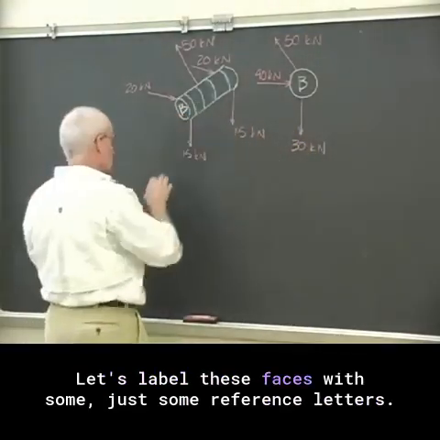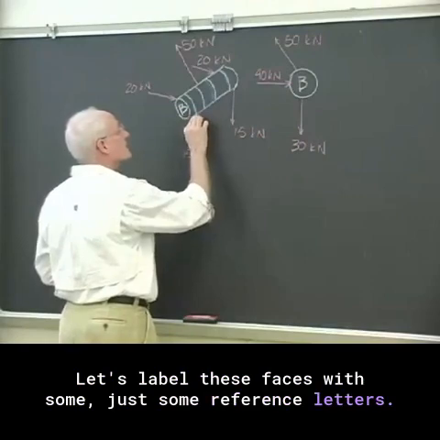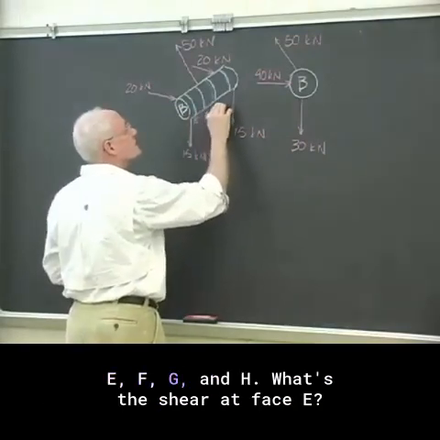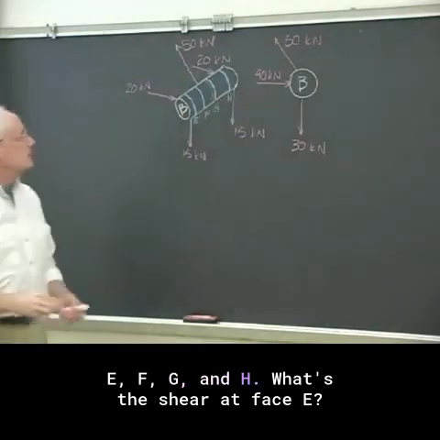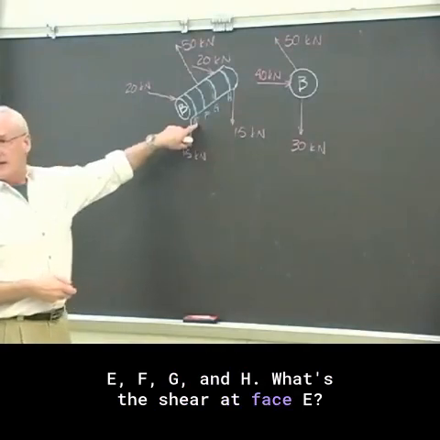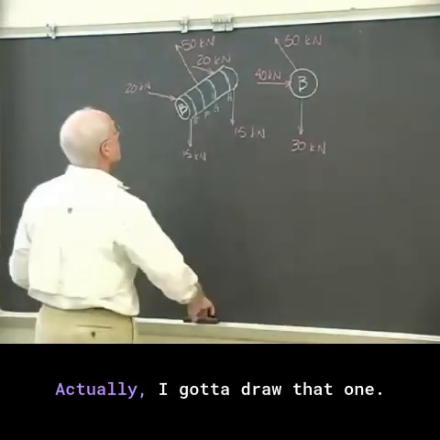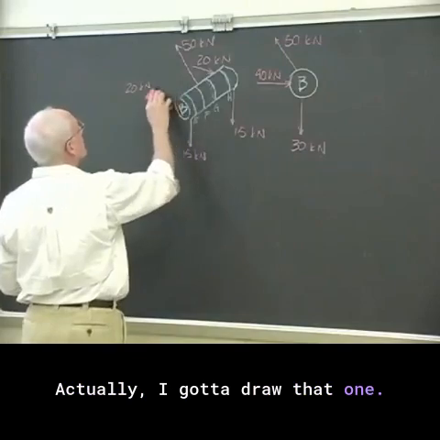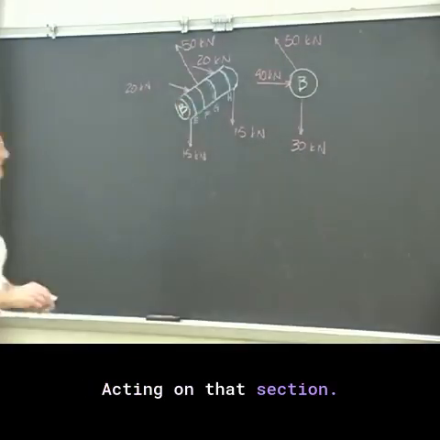Let's label these faces with just some reference letters. E, F, G, and H. What's the shear at face E? Actually, I gotta draw that one, acting on that section.